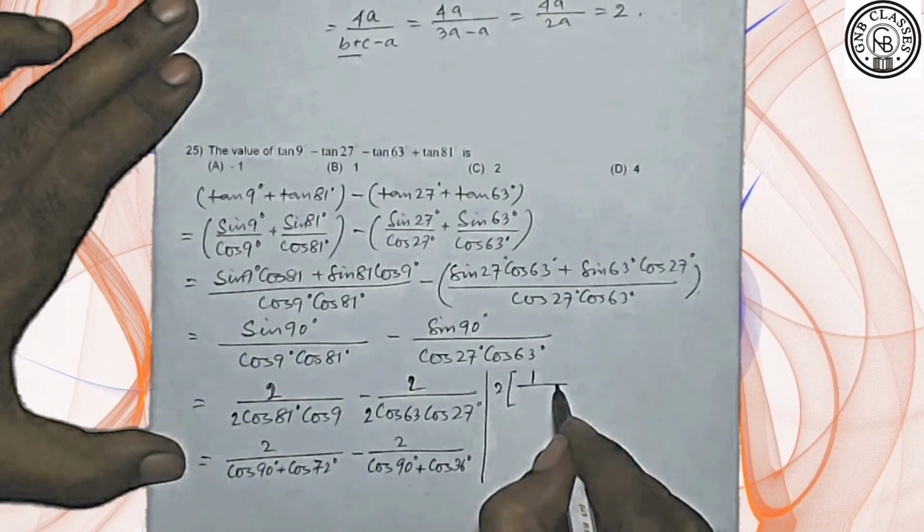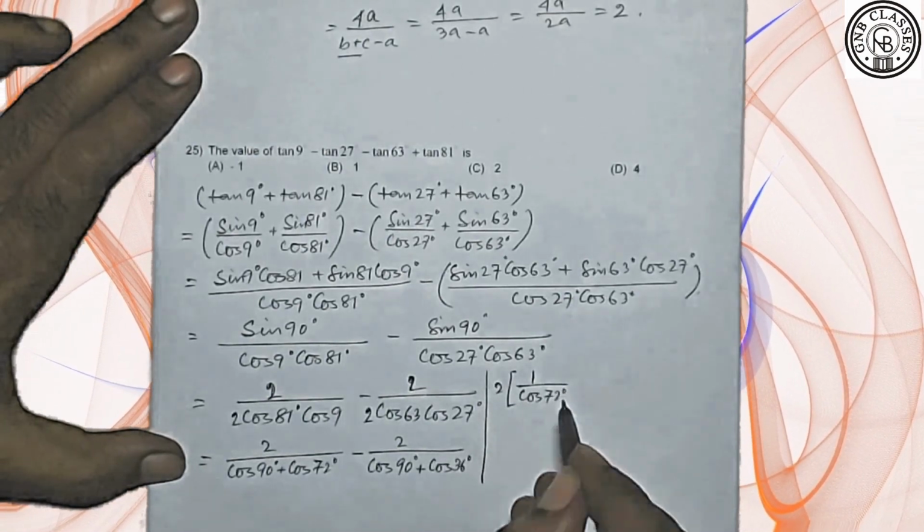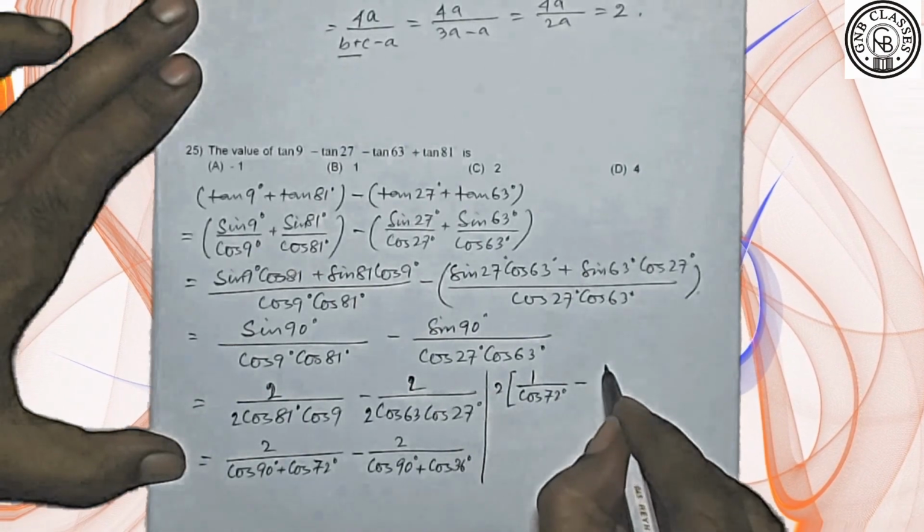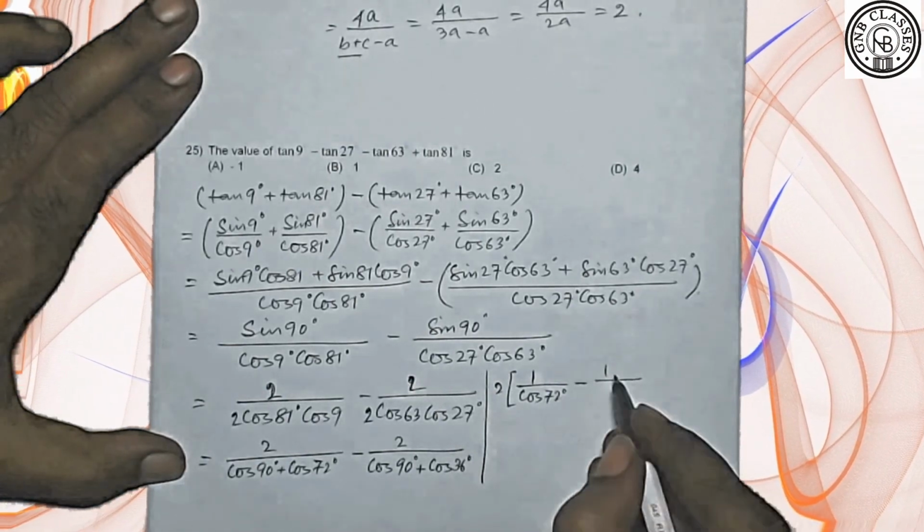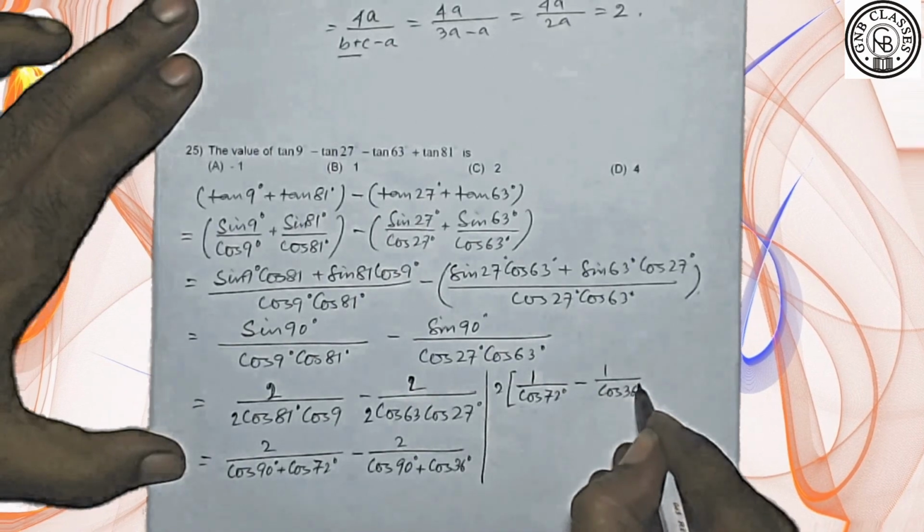So we are left with 1 by cos 72 degrees minus 1 by cos 36 degrees, because cos 90 is 0.